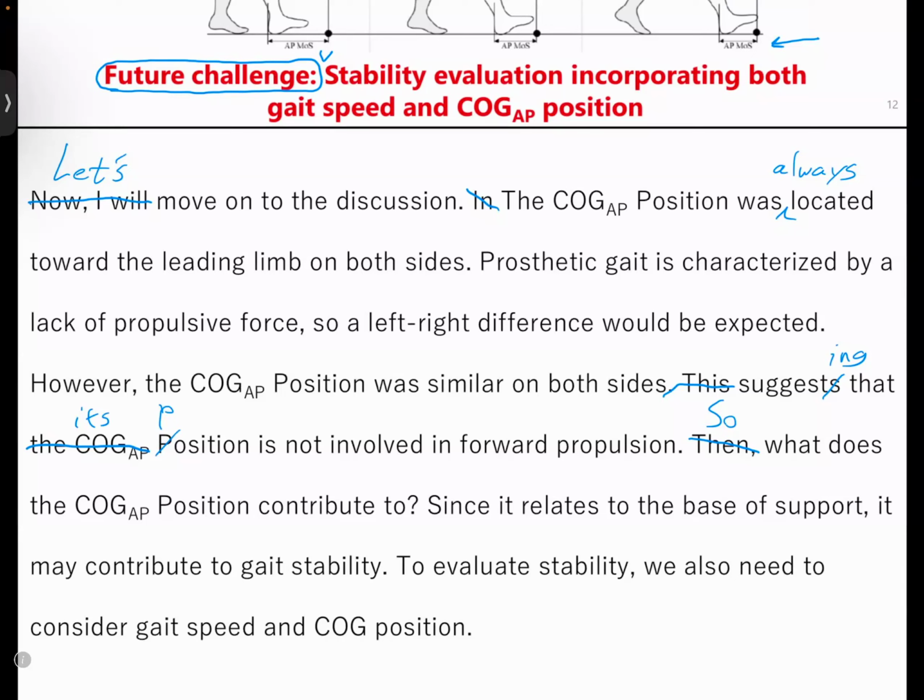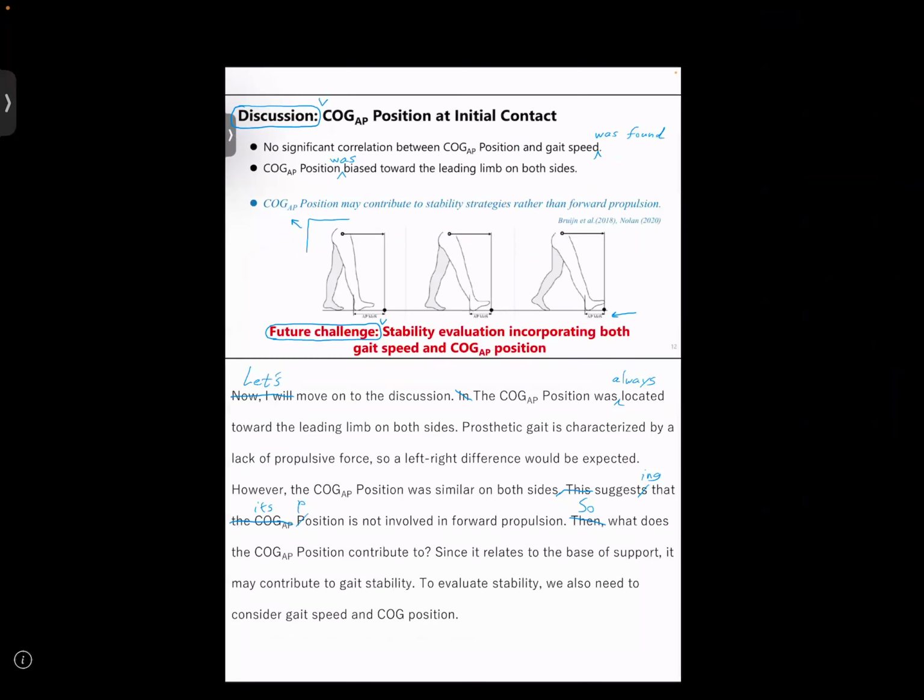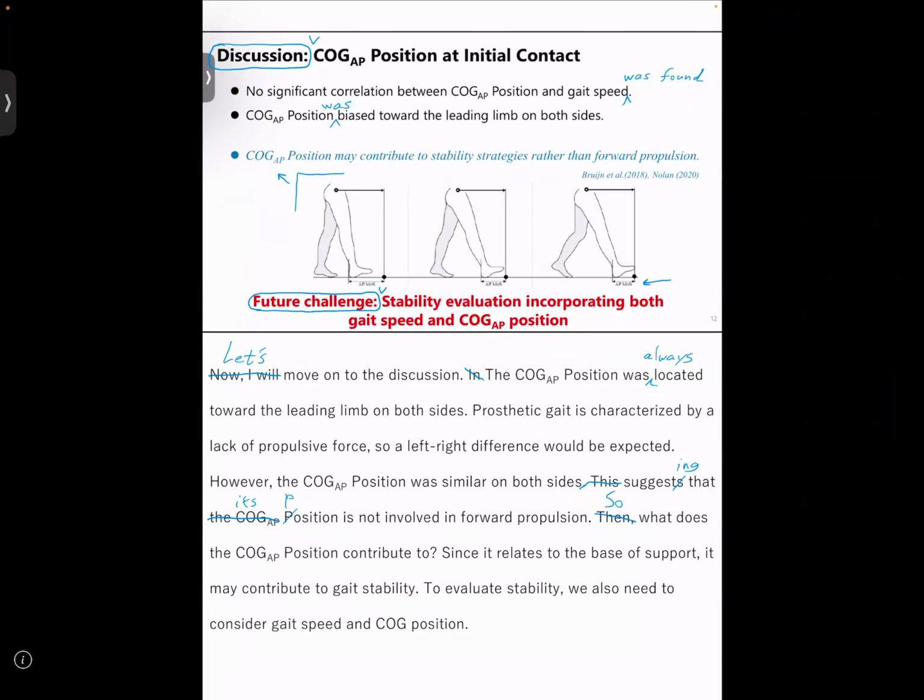Actually, there's two. I don't know. So let's consider this.